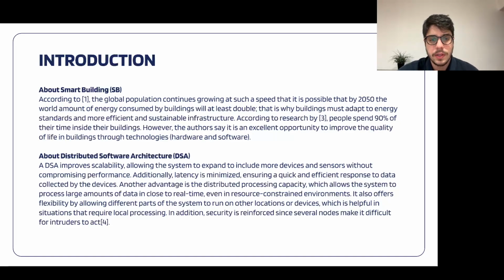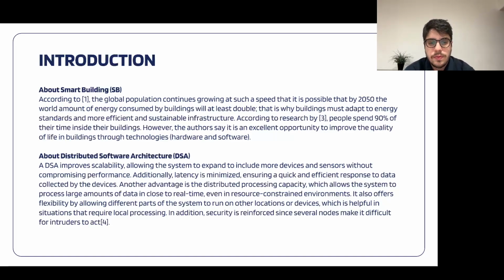Also, we have some context about distributed software architecture. The goals of distributed software architecture are to improve scalability, allowing the system to expand and to include more devices and sensors without compromising performance. So in order to scale this kind of architecture, we need to use distributed systems as much as possible.